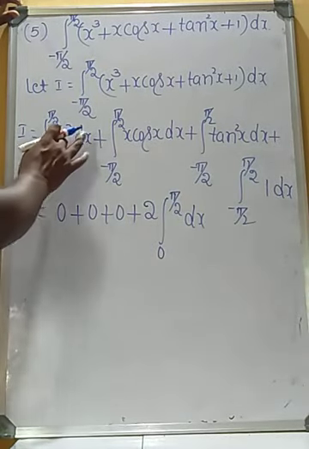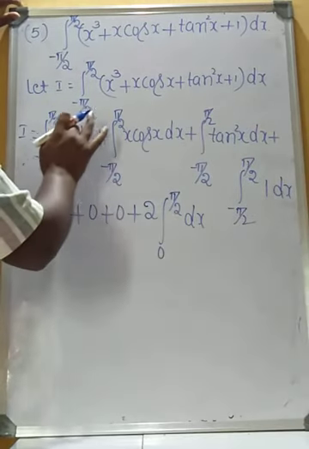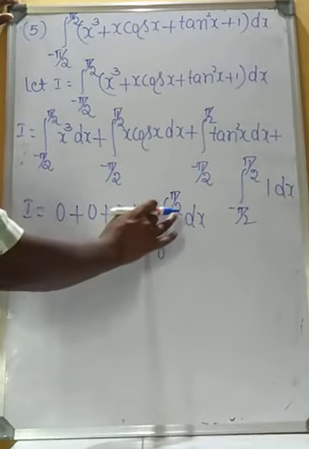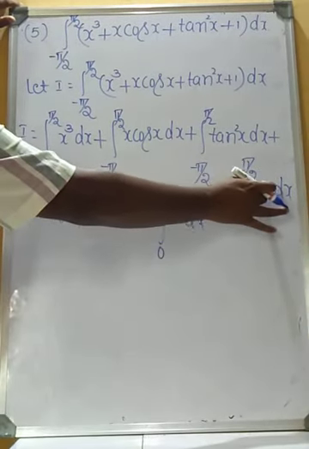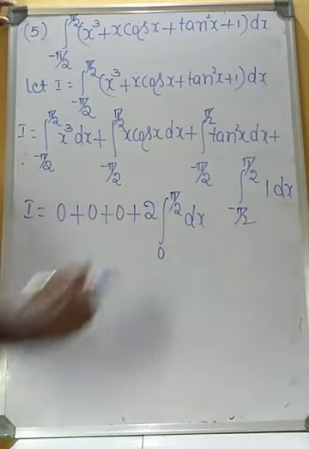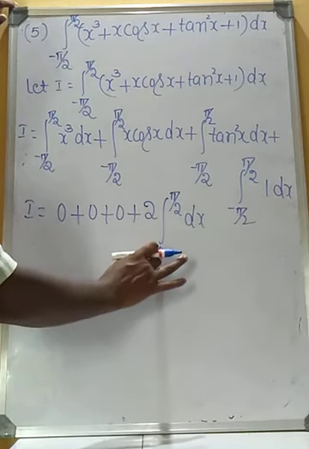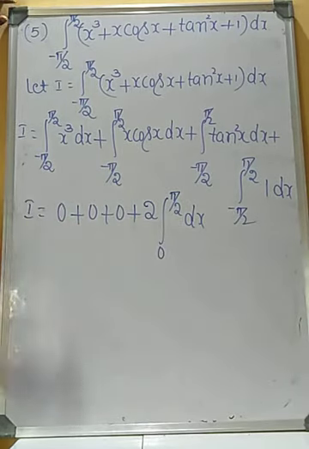So therefore the value of these integral functions is 0. The last one, that is the integral of minus pi by 2 to plus pi by 2 of 1 into dx, is an even function, which can be written as 2 into integral 0 to pi by 2 into dx.